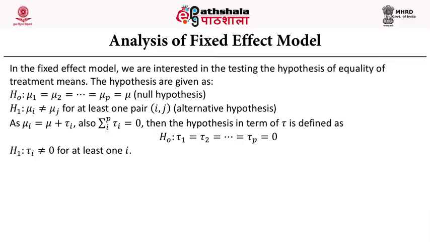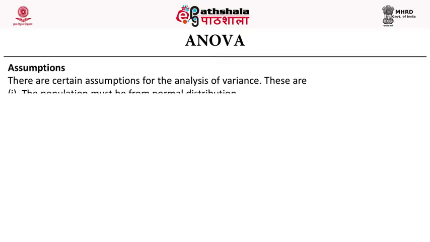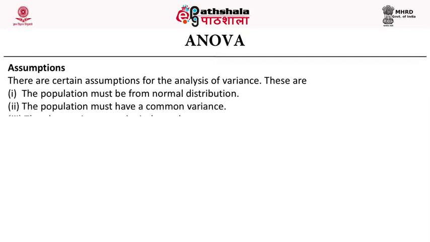Then the hypothesis in terms of tau is defined as H0: tau 1 = tau 2 = ... = tau p = 0, and the alternative is tau i is not equal to 0 for at least one i. Some of the assumptions of ANOVA are given here, as there are certain assumptions for the analysis of variance. The population must be from a normal distribution.